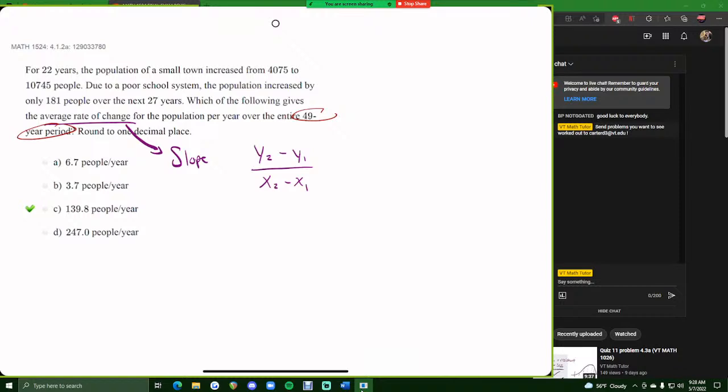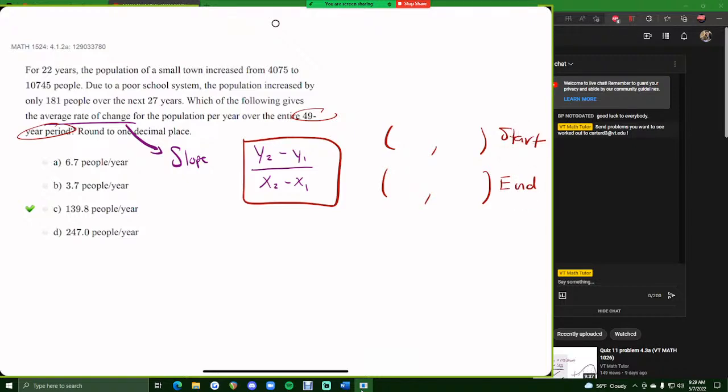So, what they're asking us to find is the slope from start to finish of the entire 49-year period. So that's what we'll do. We first need to find two ordered pairs, one representing the start of the period and one representing the end.